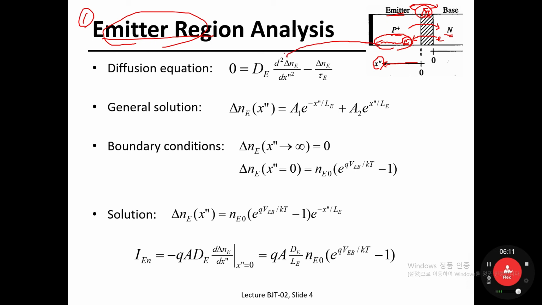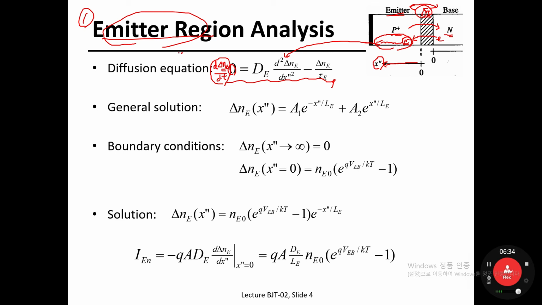out. So take a look at this minority carrier diffusion equation. Basically on the left hand side there is d delta n sub e over dt, and over time the excess carrier concentration is not modified at all. Why is that? Because we have applied the DC voltage, right?